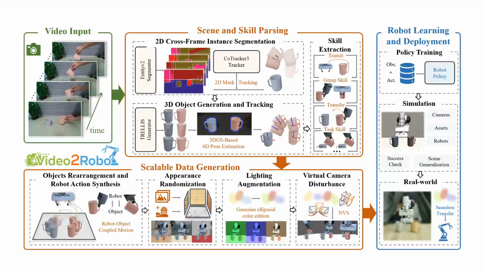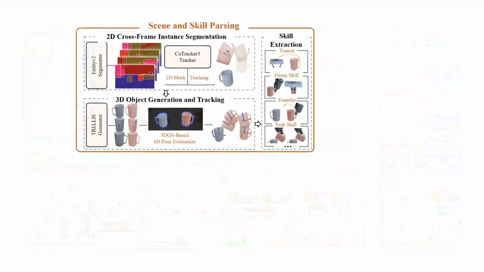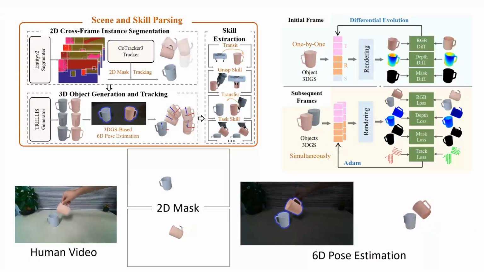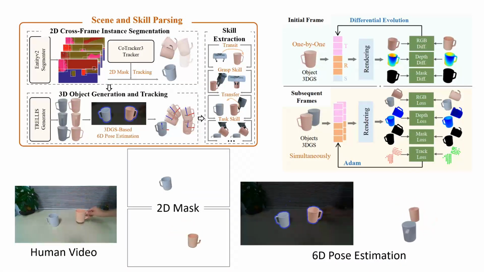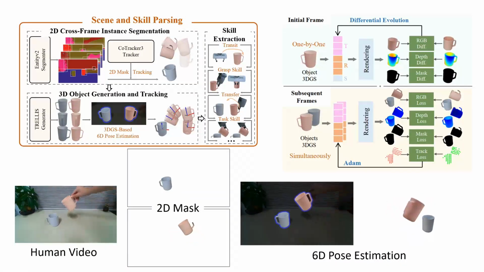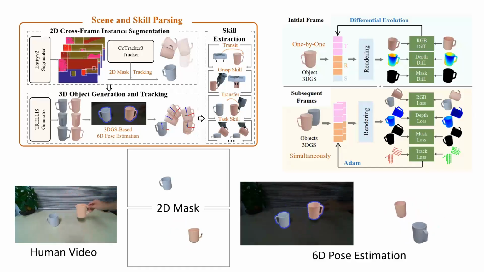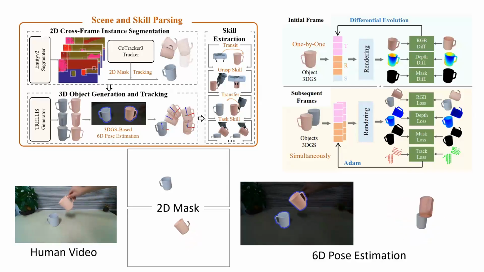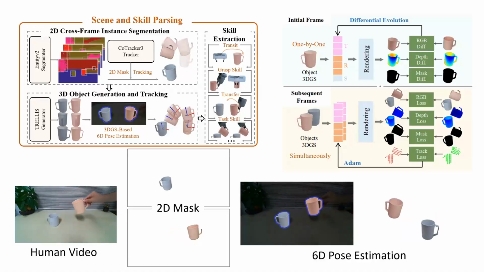This is the full pipeline of Video2Robo, which contains 3 core modules. First, scene and skill parsing. We extract 6D object trajectories and decompose manipulation skills from the input video. We first perform cross-frame instance segmentation and tracking to obtain consistent object masks using Entitive 2 and Co-Tracker 3.